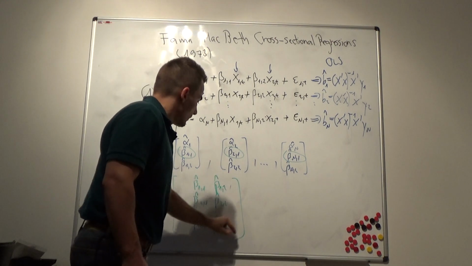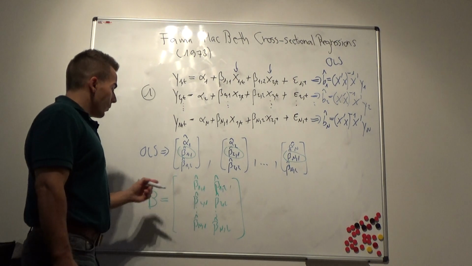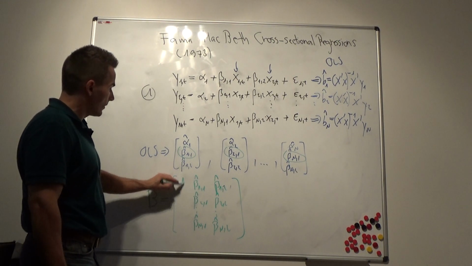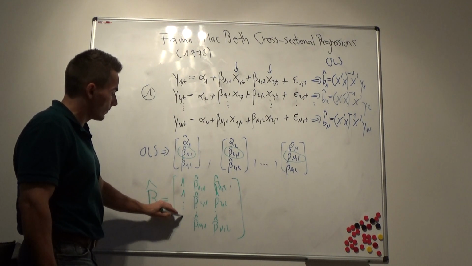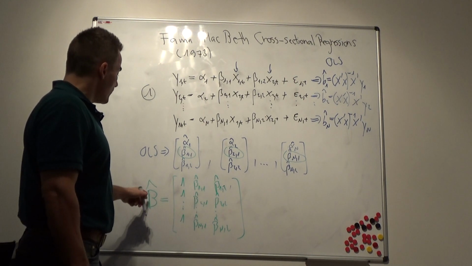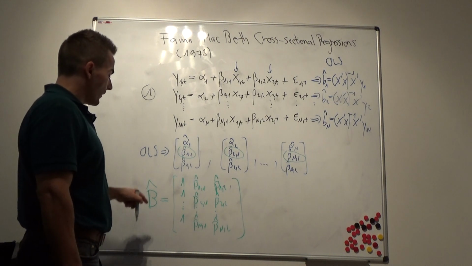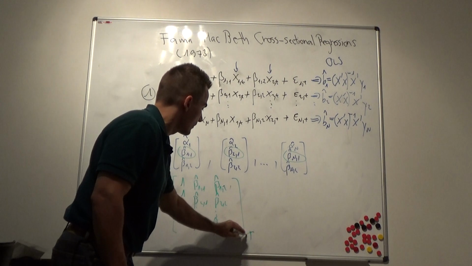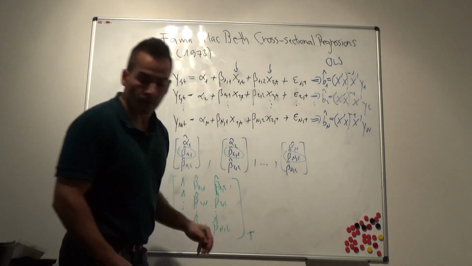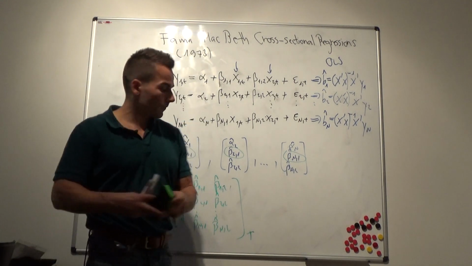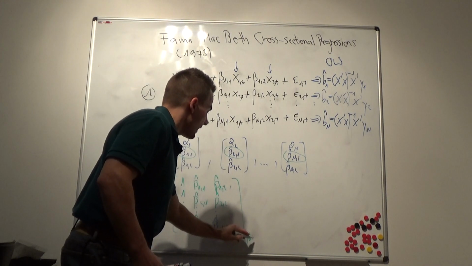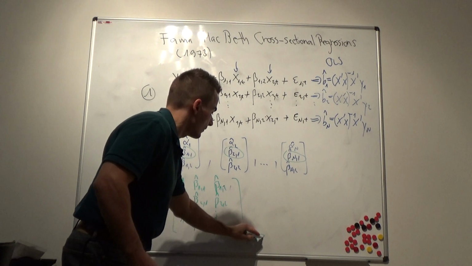Moreover, we add a vector of 1s in our capital beta hat matrix. And so on. So our beta hat matrix obviously has the dimension n by 3.